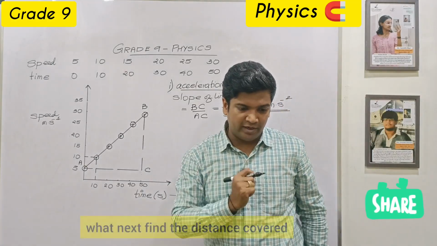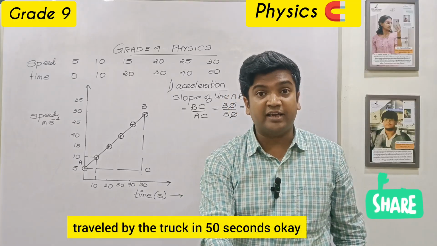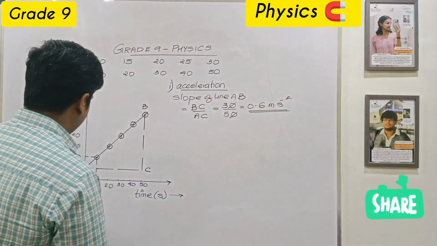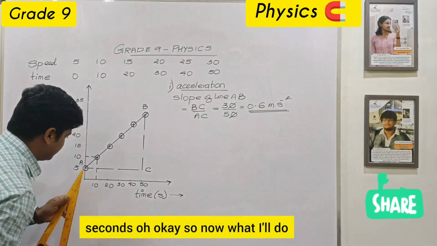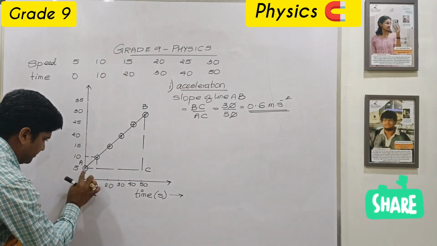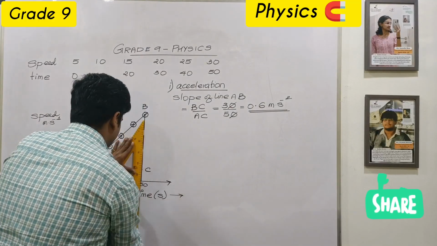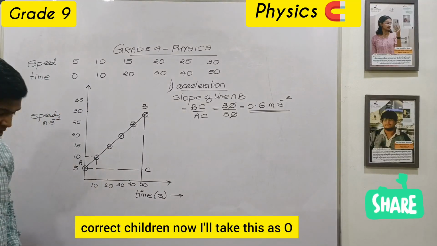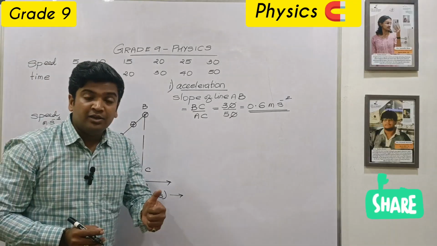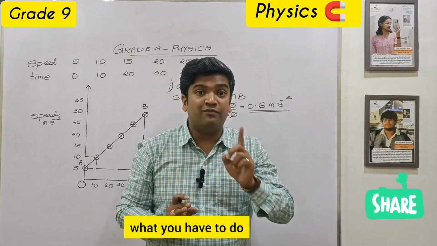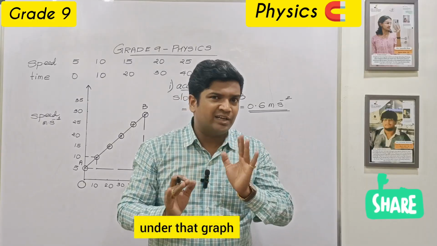Done. Now what next? Find the distance traveled by the truck in 50 seconds. So from 0 till 50 seconds, I'll extend this till 50. Now I'll take this as O, and you remember very well, to find the distance you have to calculate the area under that graph.